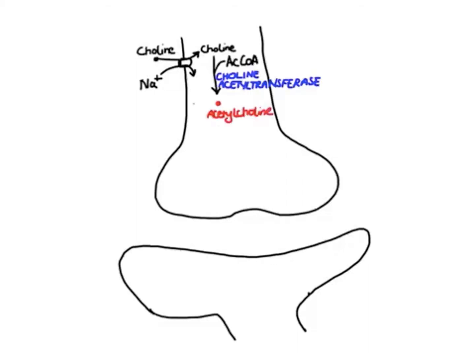Then acetylcholine is formed with the help of acetyl CoA in the presence of ATP and the choline acetyltransferase enzyme. The synthesized acetylcholine is then transported to the clear vesicles with the help of vesicular transporters. After transport into the vesicle, it is stored there.